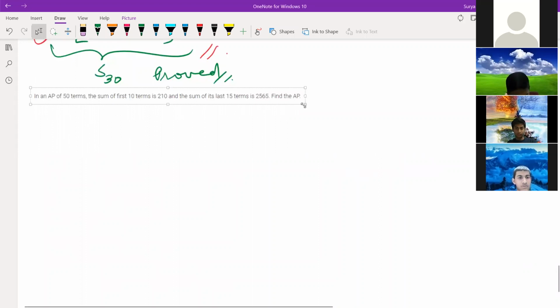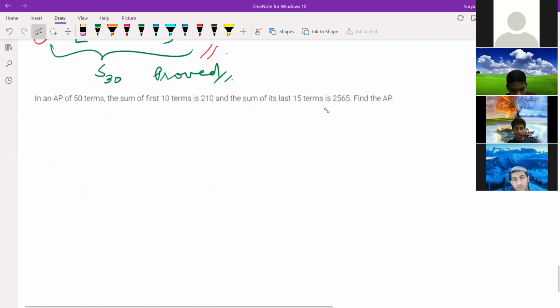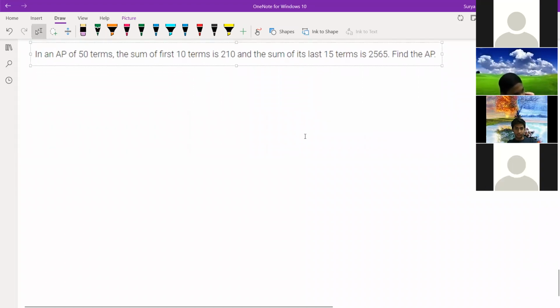In an AP of 50 terms, the sum of first 10 terms is 210 and the sum of last 15 terms is 2565. Find the AP. Who can find this?